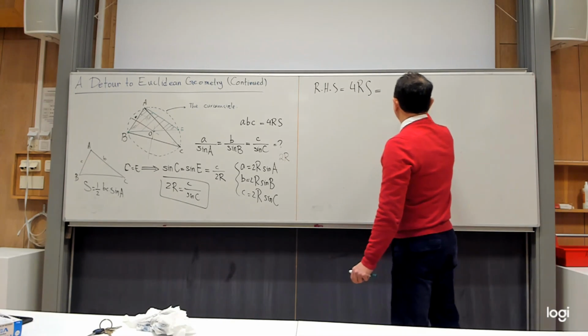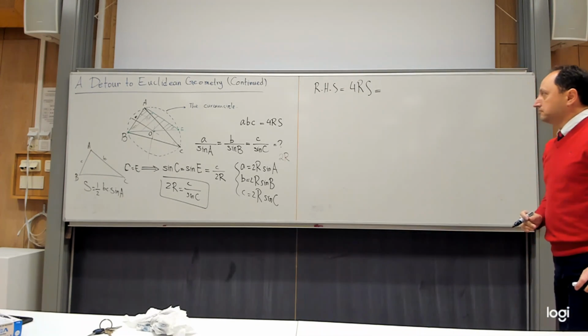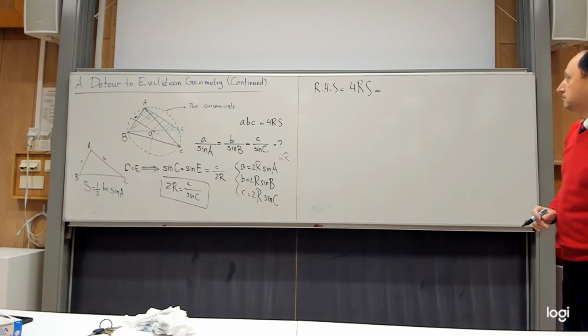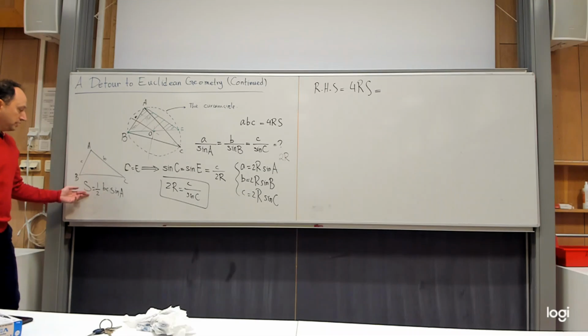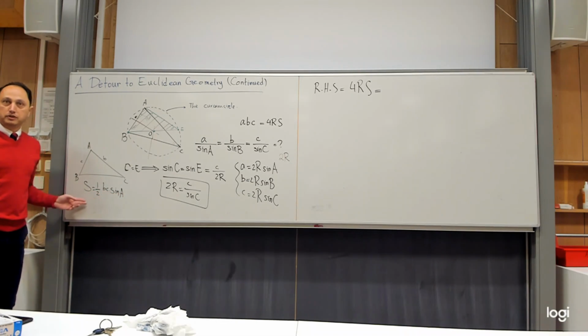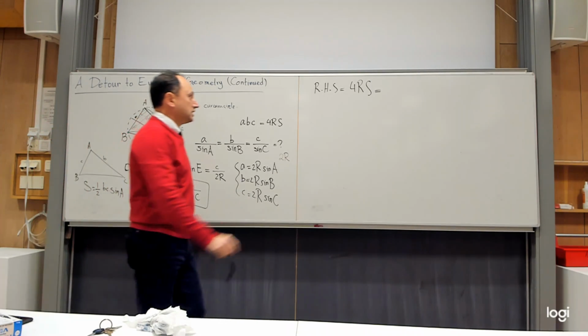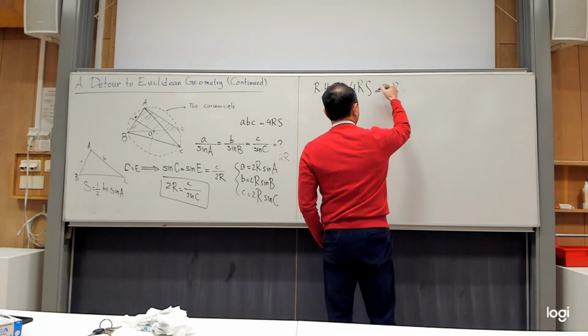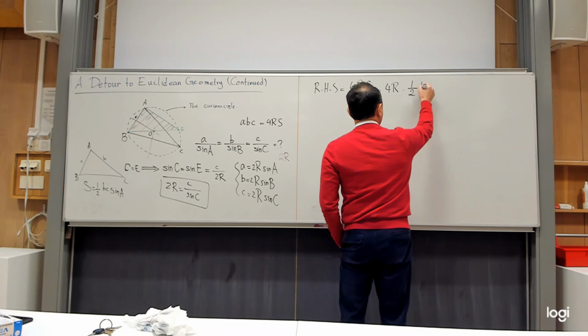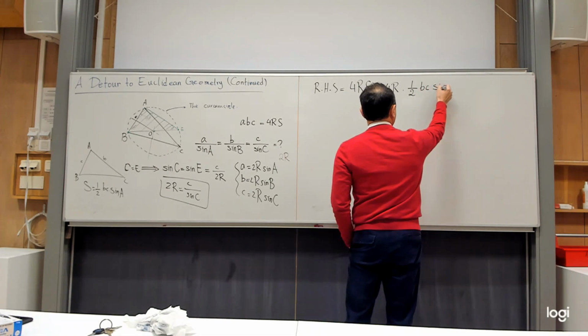And let us see what we can write here. Instead of S, I can use this area rule formula, which you learned in Math 3C. So this becomes 4 times R multiplied by, instead of S, 1 over 2 BC sine of A.